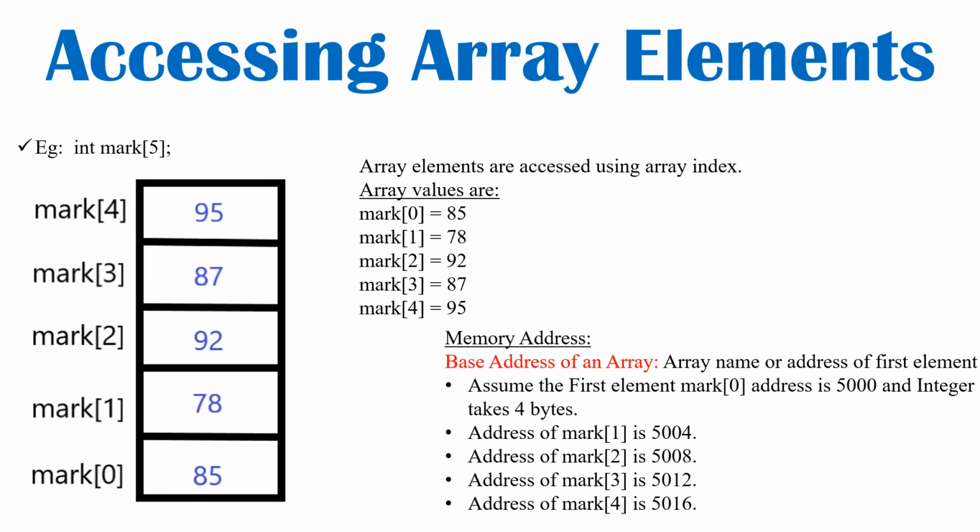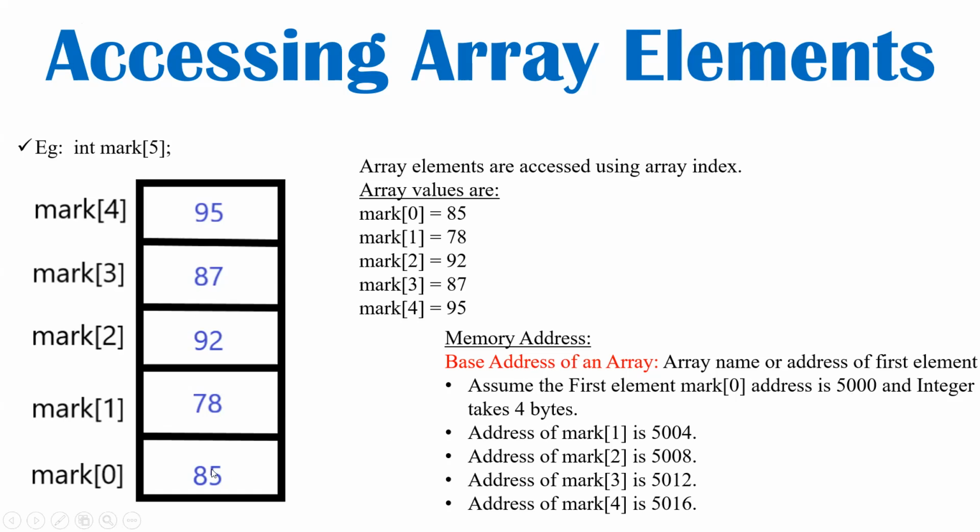Using that base address only, we can find out the addresses of subsequent elements. What is the base address? 5000. So the first element address is 5000. Here we are assuming each integer takes 4 bytes.